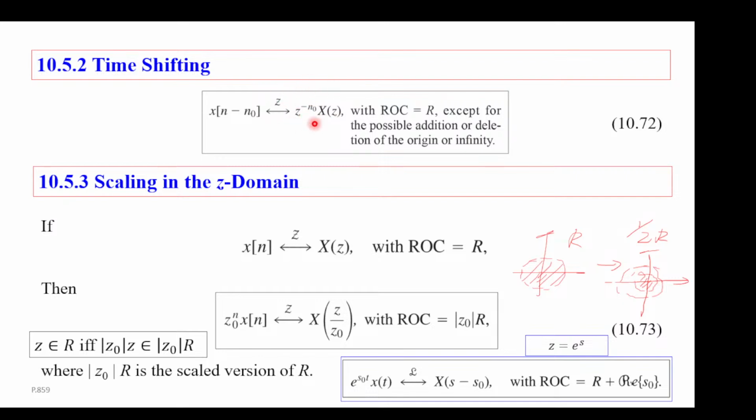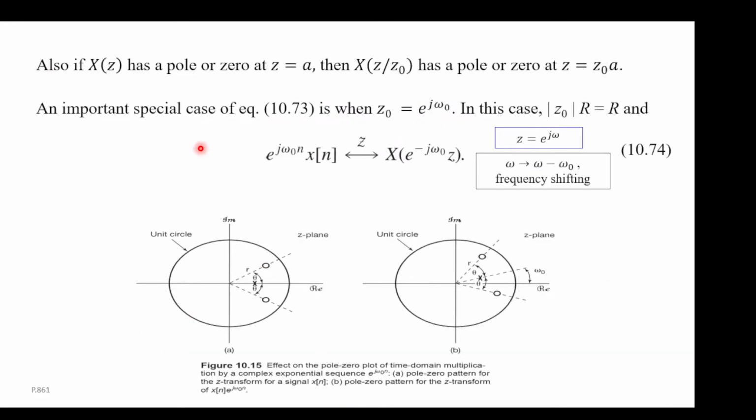Okay. And then we have scaling in the z domain, which is this funny thing. Basically we scale our z domain by some z0. We change every z to z divided by z0.